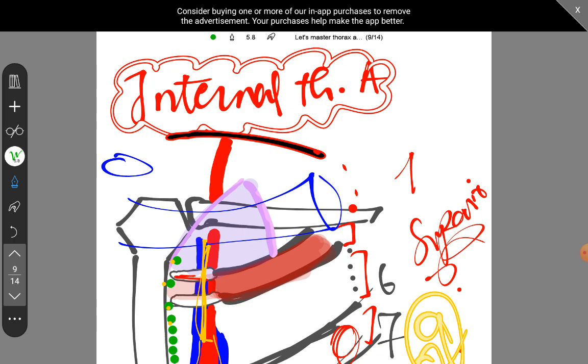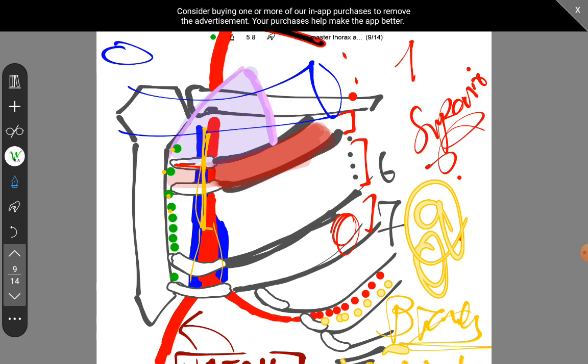It passes behind the sternal end of the clavicle, and it goes half an inch from the lateral border of the sternum, and behind the upper 6 costal cartilages. It ends in the 6th intercostal space, giving the musculophrenic and the superior epigastric. This is the course and the branches.